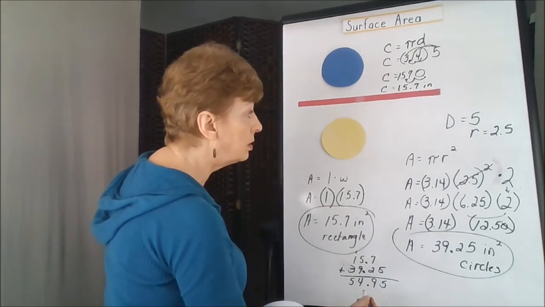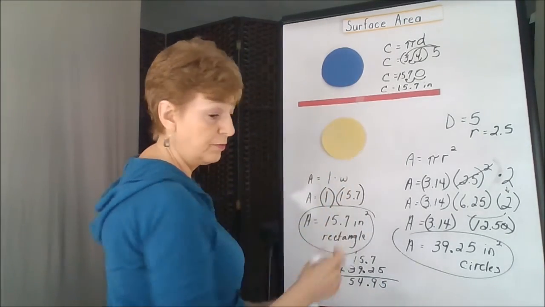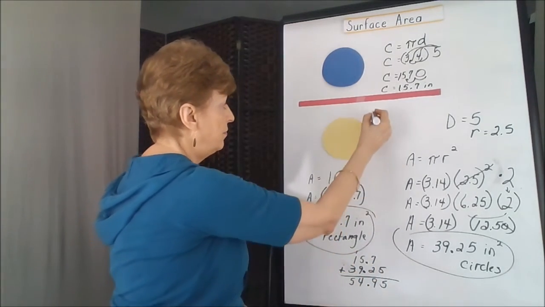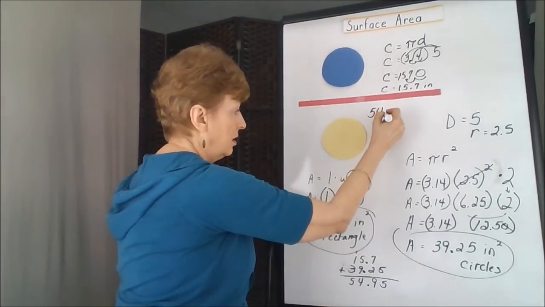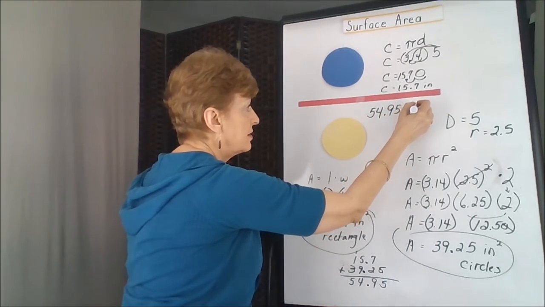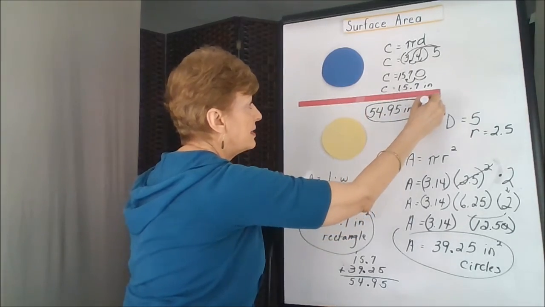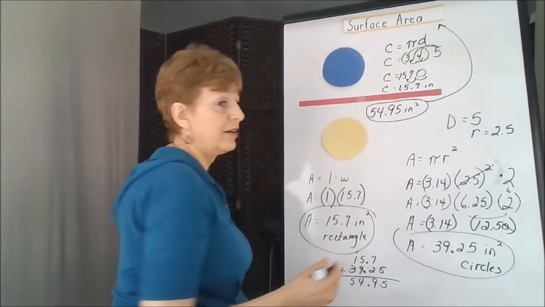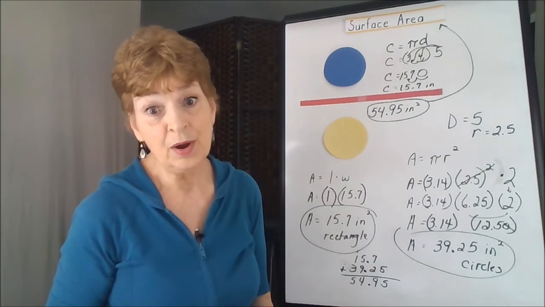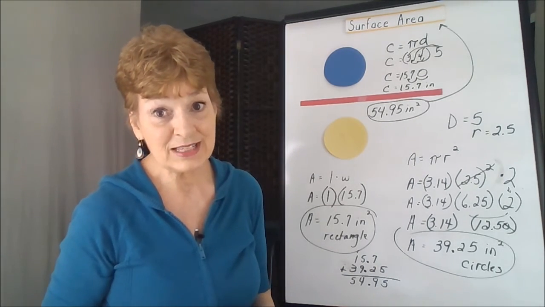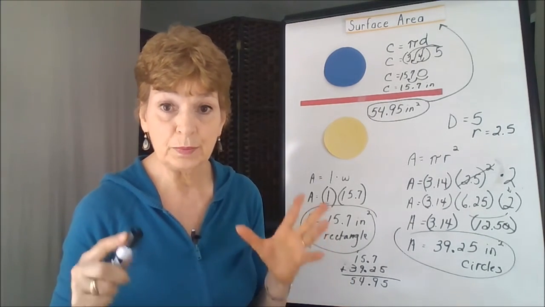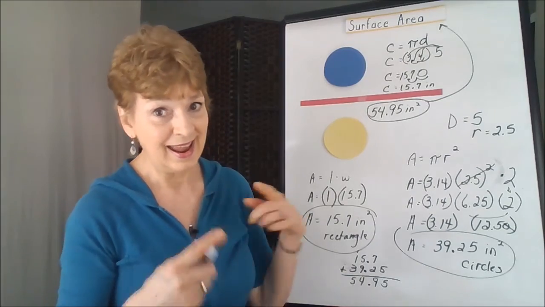So our total surface area for this shape was 54.95 inches squared. That was the surface area. You needed several calculations for it, but that's what surface area is all about. You have to find the area of each of the individual pieces and then add them all together.